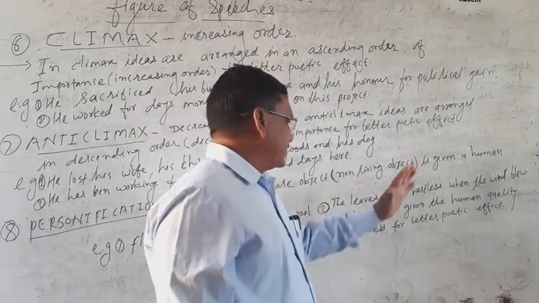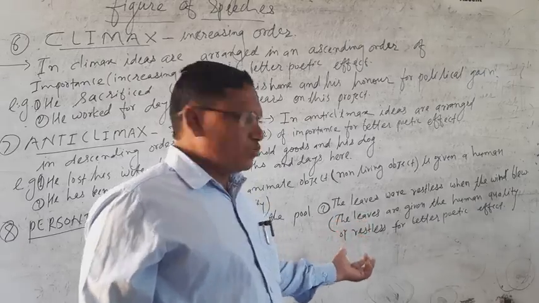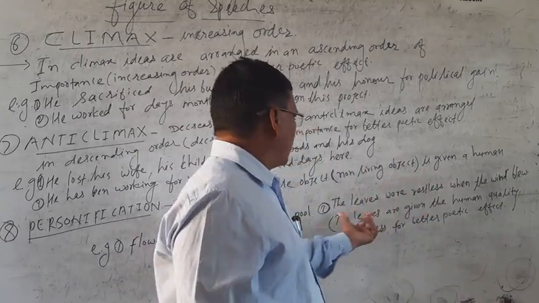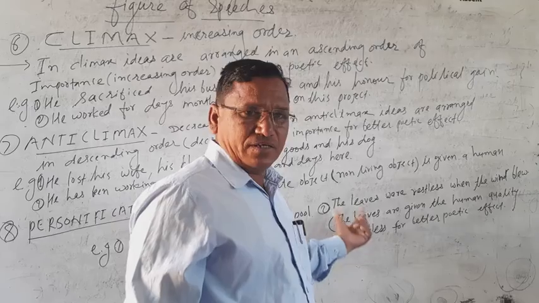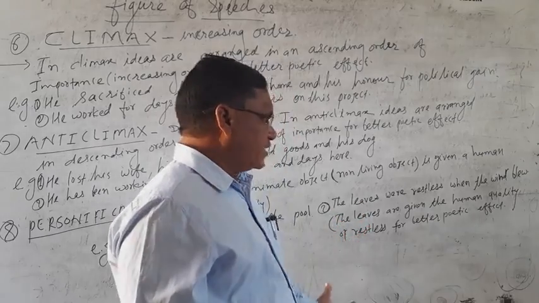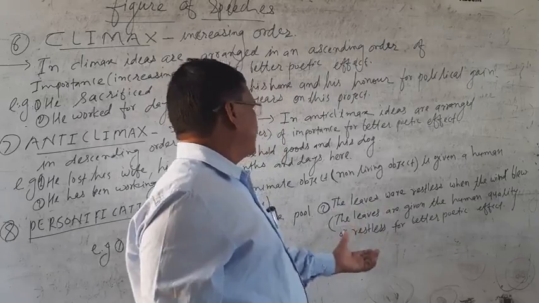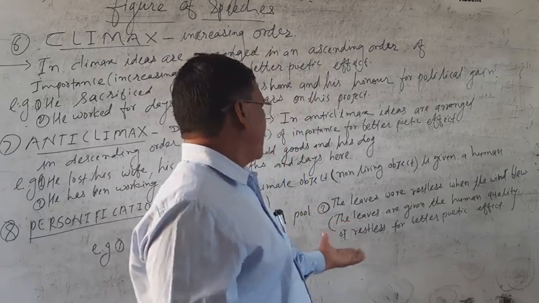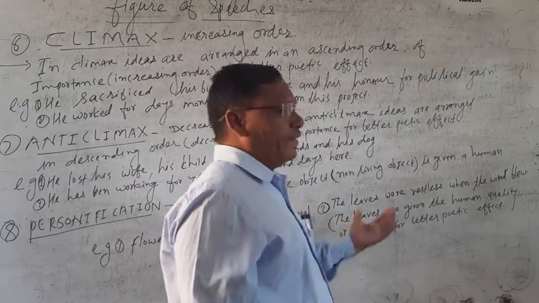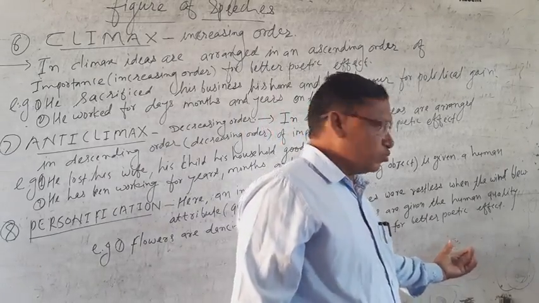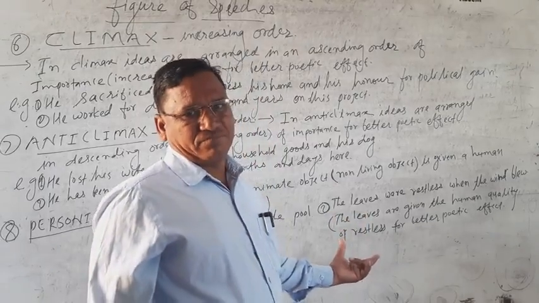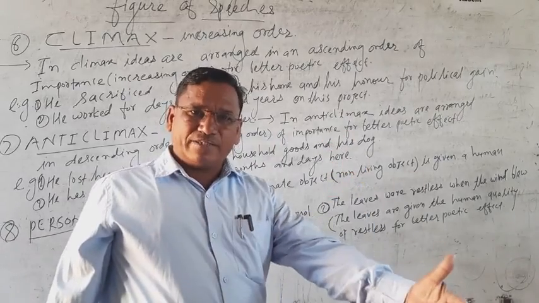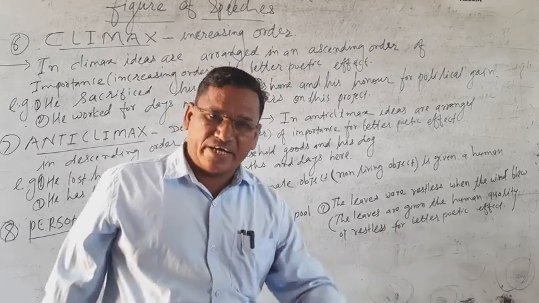So the human quality is given to the leaves. It is not the quality of the leaves, but this quality is given to the leaves for better poetic effect. So this is personification. Do you understand? When a human quality is given to a non-living thing, it is personification.